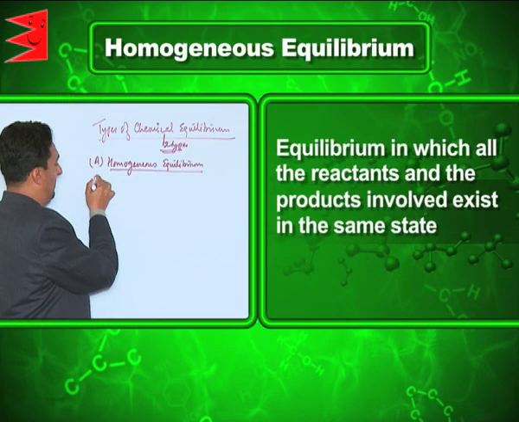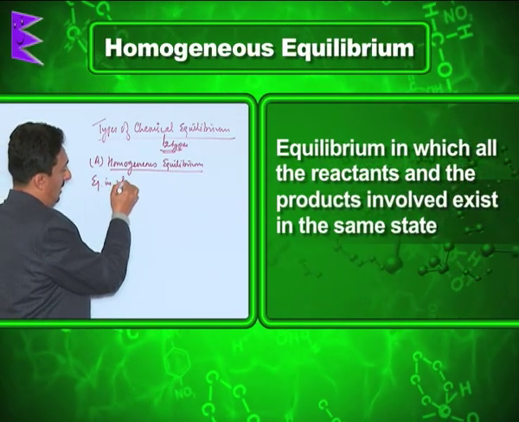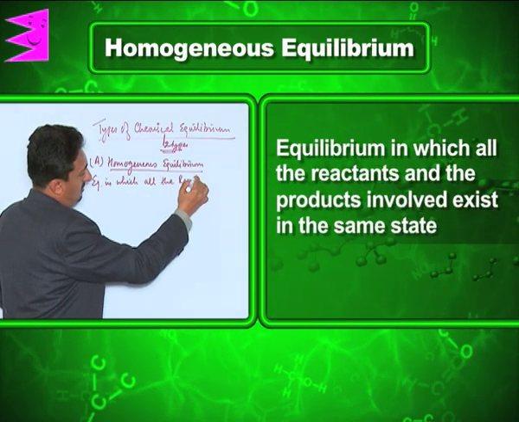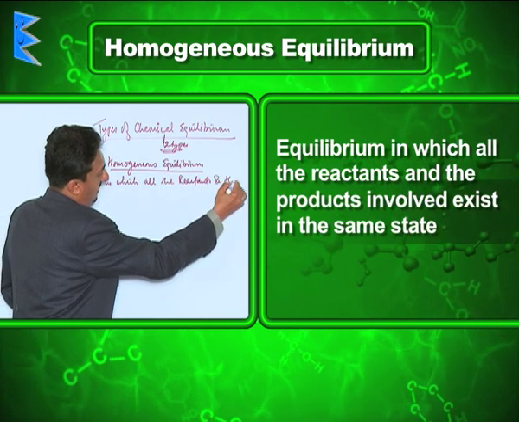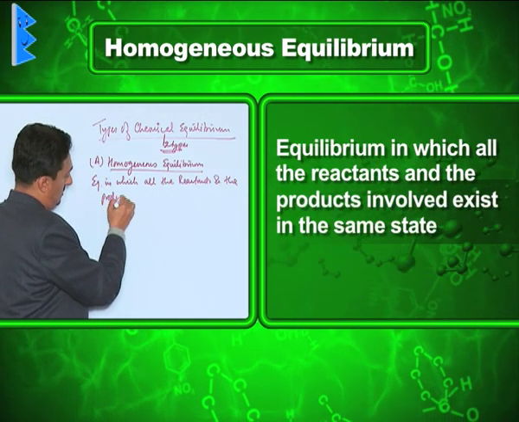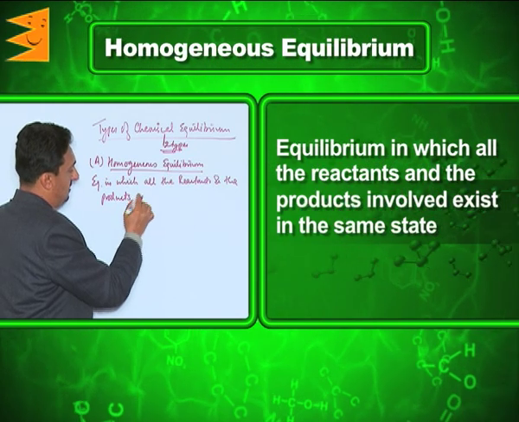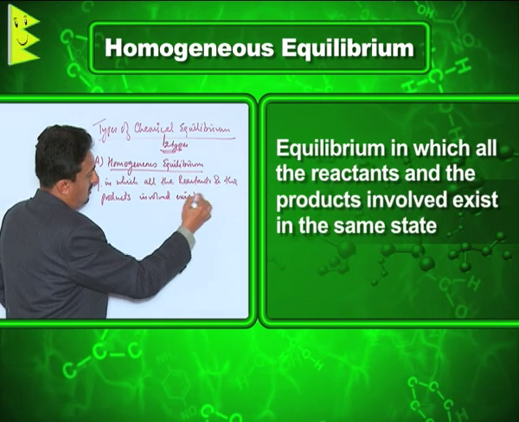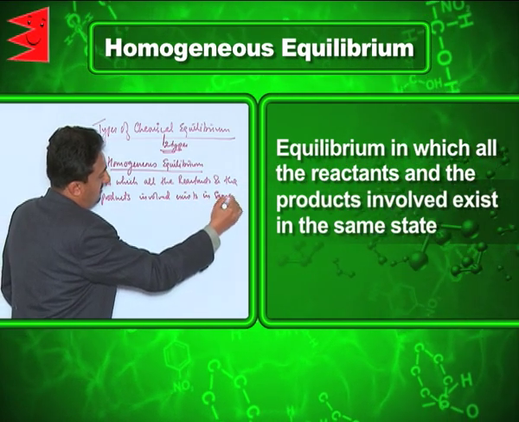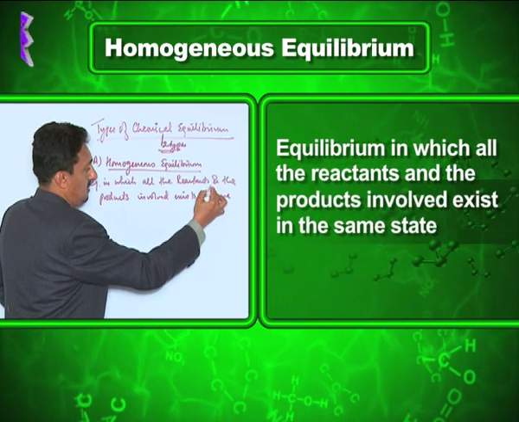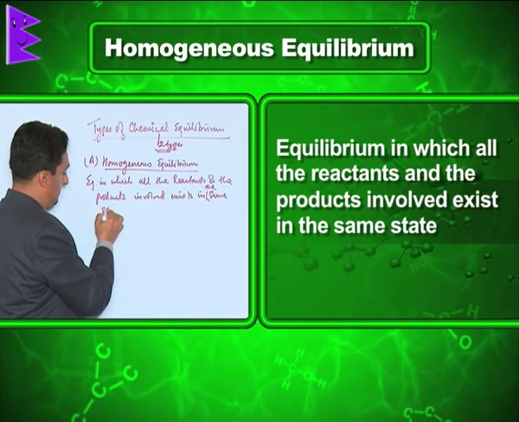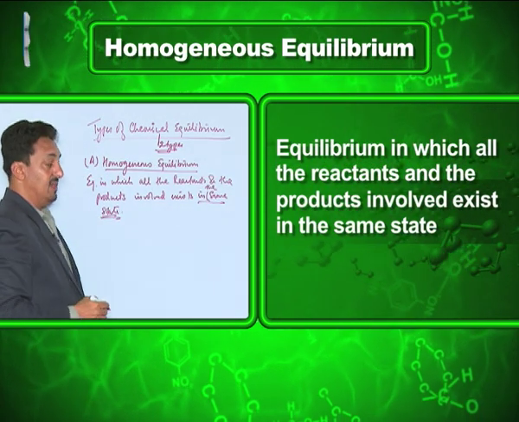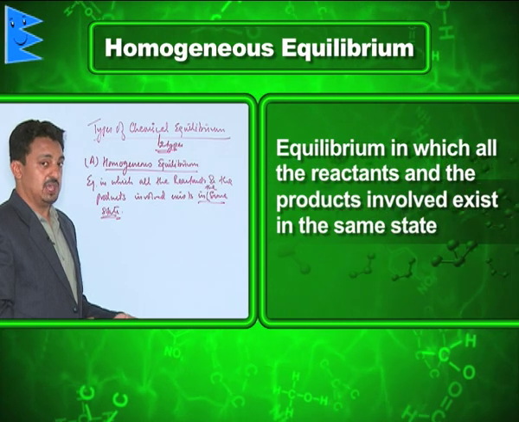Now it is the equilibrium in which all the reactants and the products involved exist in the same state. This is most important. They all exist in the same state, and then the equilibrium involved is called homogeneous equilibrium.